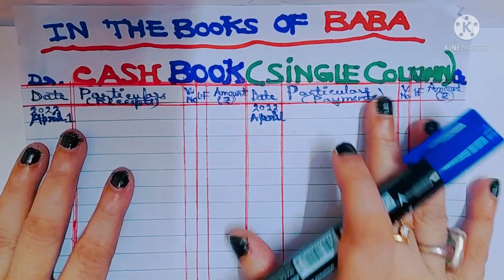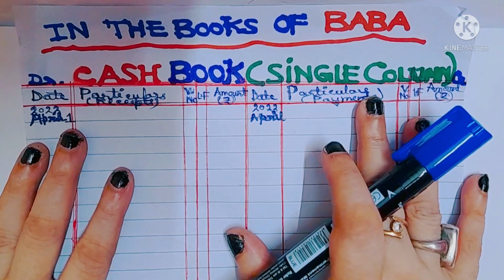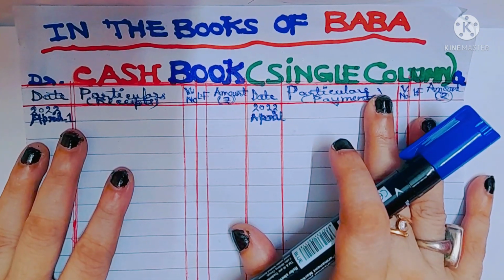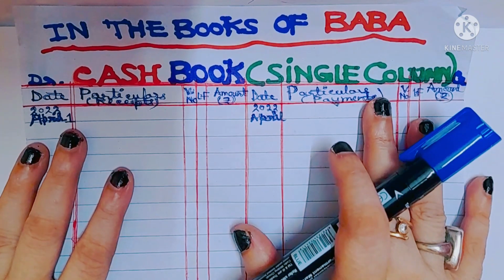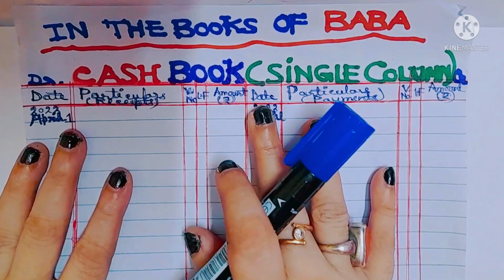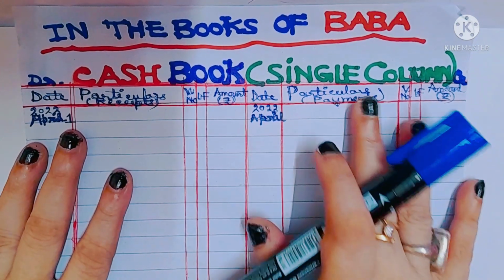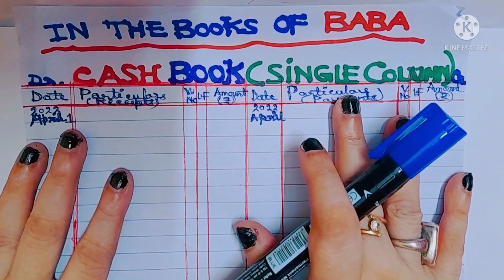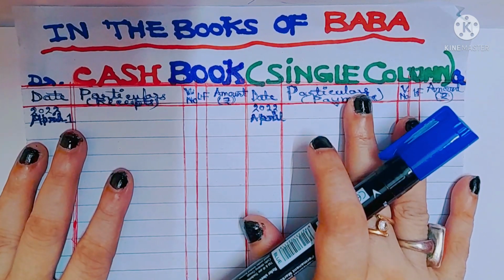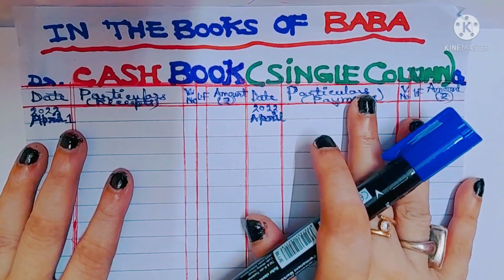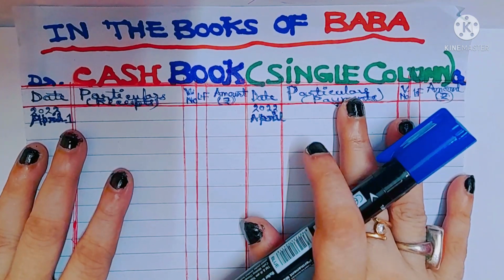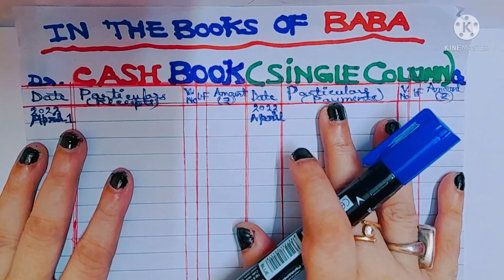And single column cash book does not record checks received or checks paid, because in a single column cash book only cash column is given, not bank column. So any transactions related to bank will not be recorded in the cash book, because there is no column for bank.